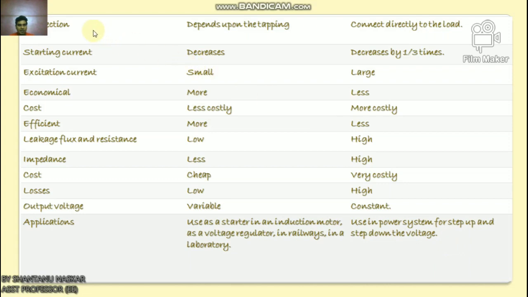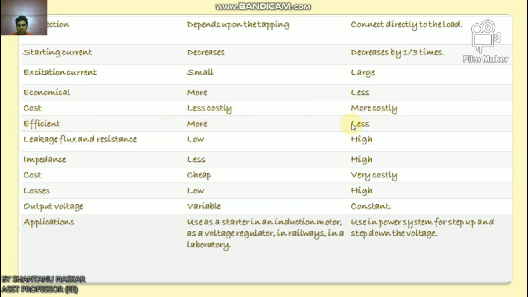About connection, it depends upon the tapping, and this connects directly to the load. Starting current: this decreases, and in a conventional transformer it decreases by 1/3 times. Excitation current is small, for conventional it is large. It is more economical, and less economical for conventional. Cost: less costly, and conventional more costly.